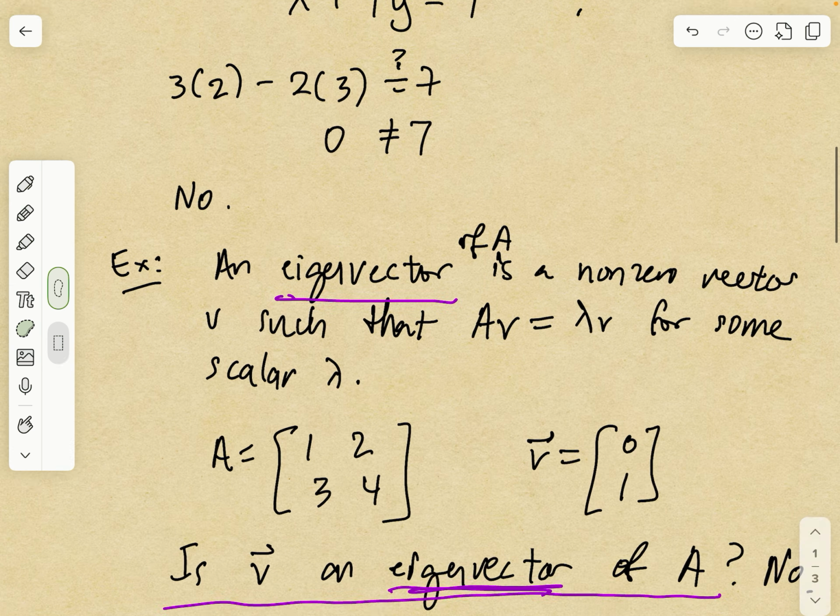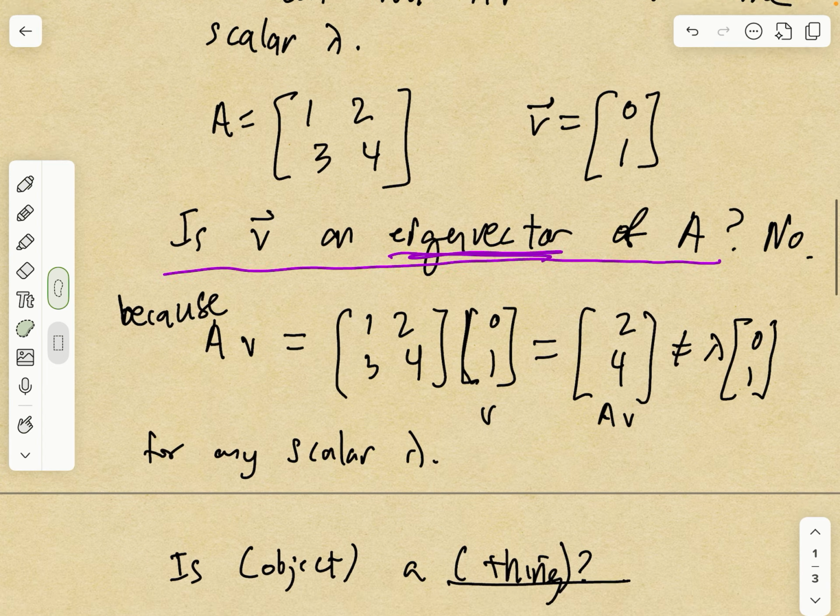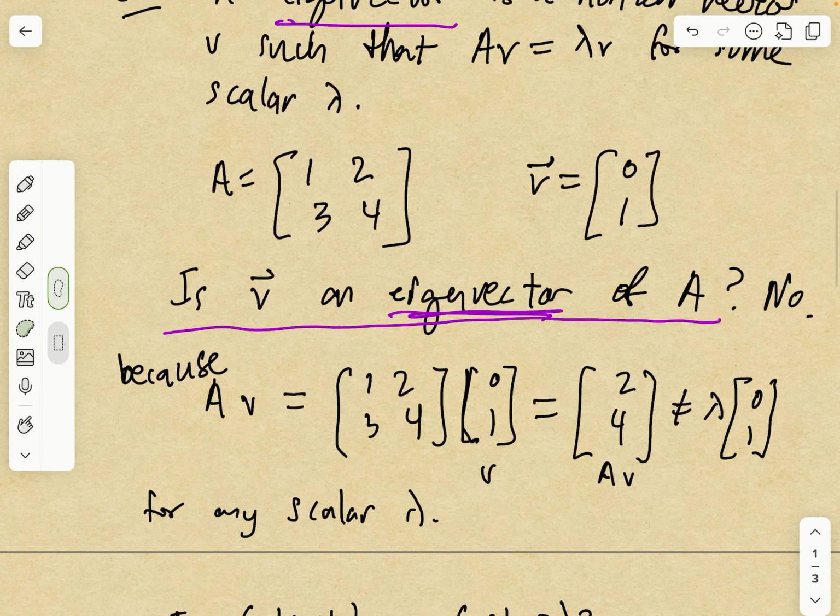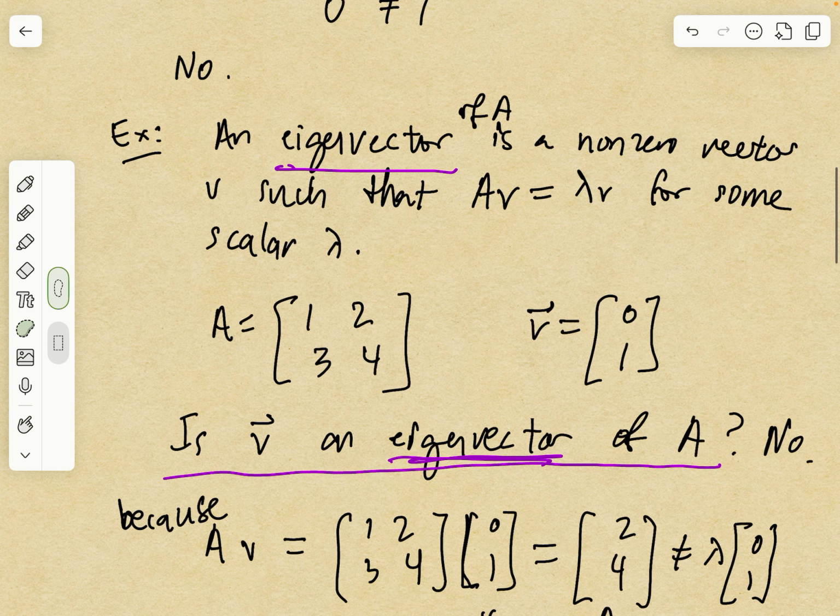But a lot of students, if they're asked, is (0, 1) an eigenvector of A, one thing that a lot of students do is they'll try to calculate the eigenspace, and they'll find the characteristic polynomial and do all of this, and you don't need to do any of that once you understand what the question's even asking, right? The question is V an eigenvector of A is just saying, if you do A times V, do you get a vector of the form lambda times V?